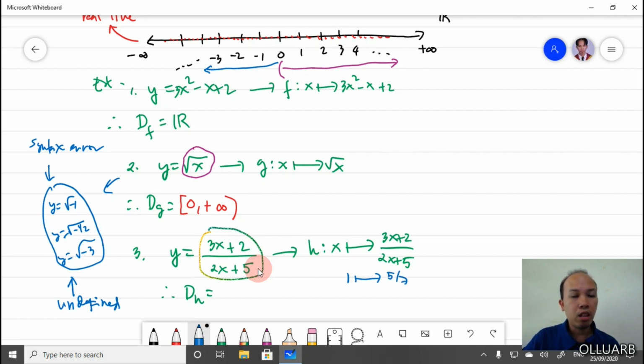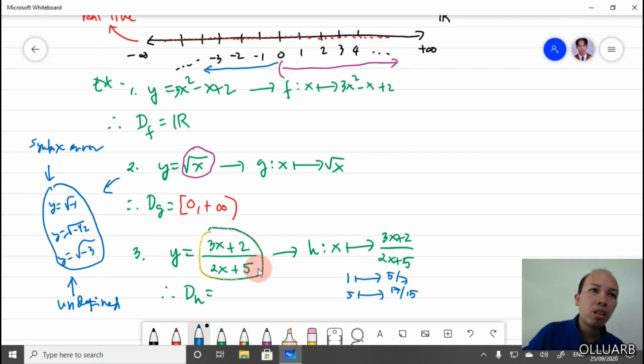There is an association of the number, the object in the domain, which is mapped to 5 over 7. Let's skip numbers 2 and 3, but you can do that. Let's use number 5. 5 times 3, 15 plus 2, 17. 5 times 2, 10 plus 5, 15. So 5 maps to 17 over 15.